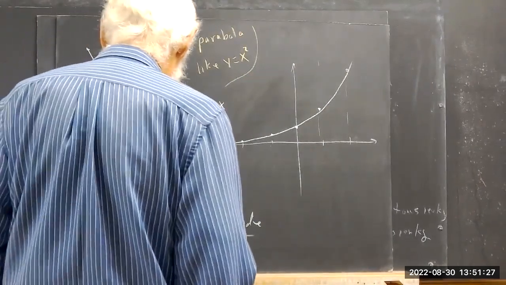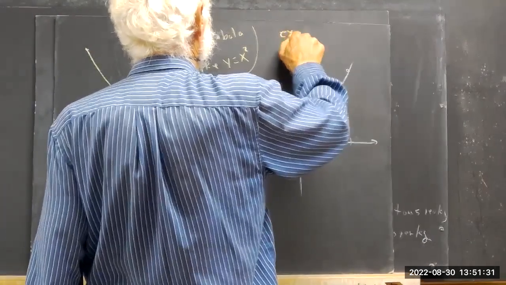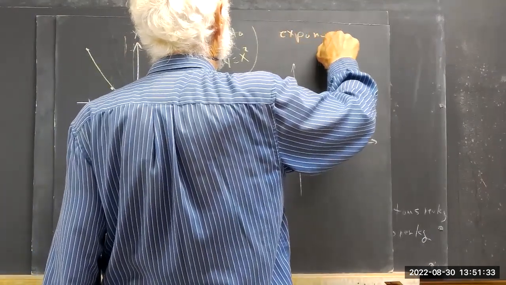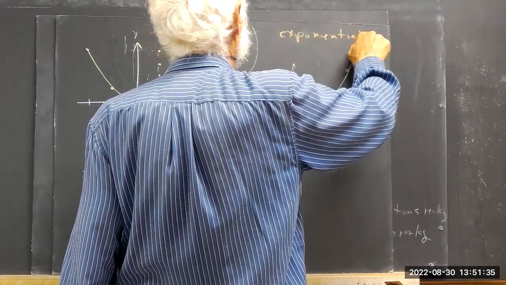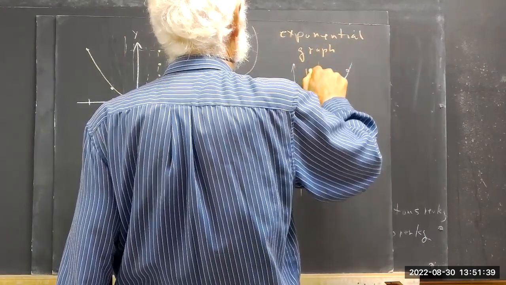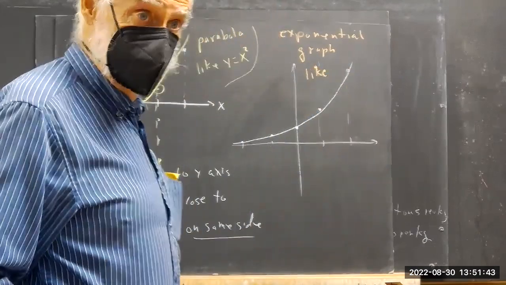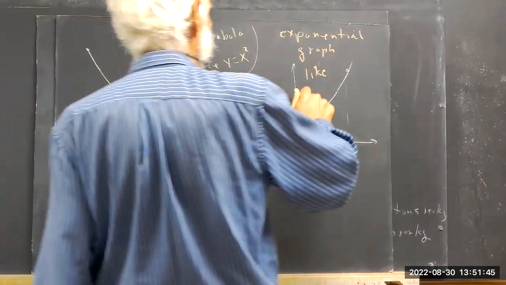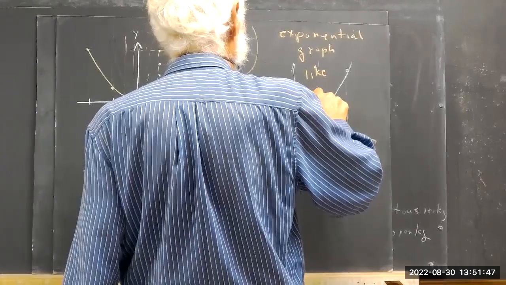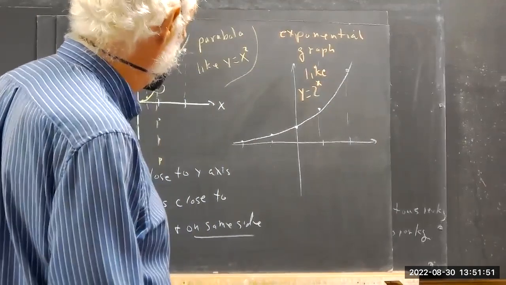And this is an exponential. And in a way that we'll see soon, this is like y equals 2 to the x.